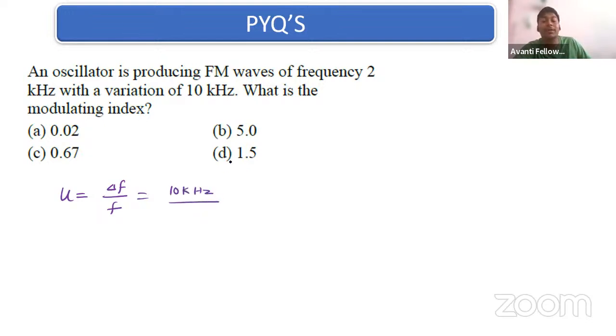First, we need to find the bandwidth, the variation frequency here. The variation frequency is 10 and the wave frequency is 2. Then the modulation index will be 5. Okay, 5 will be the modulation index.